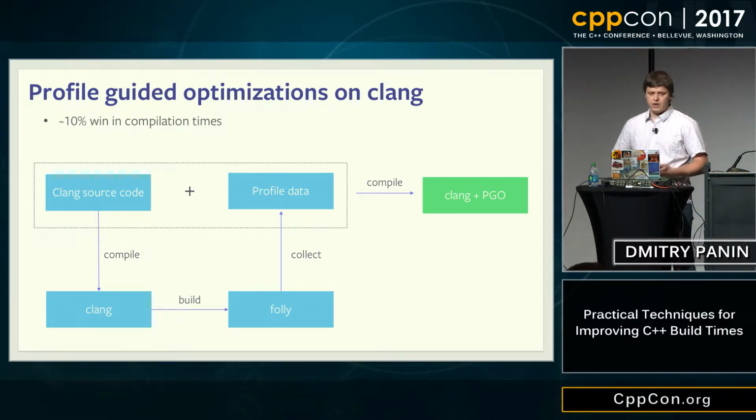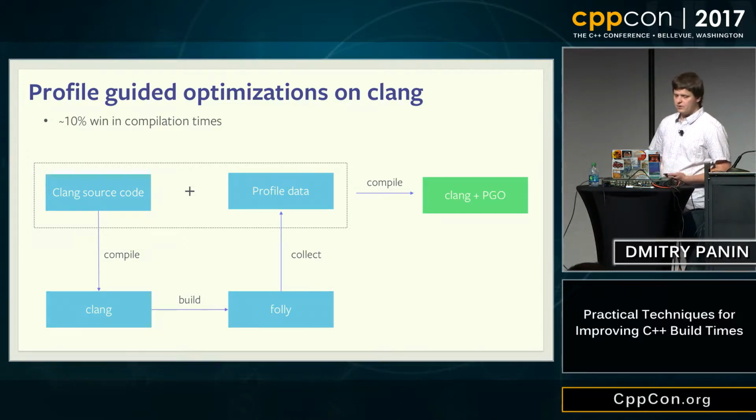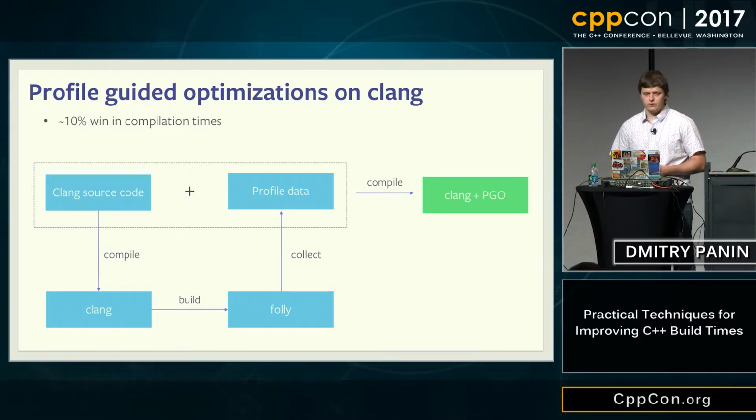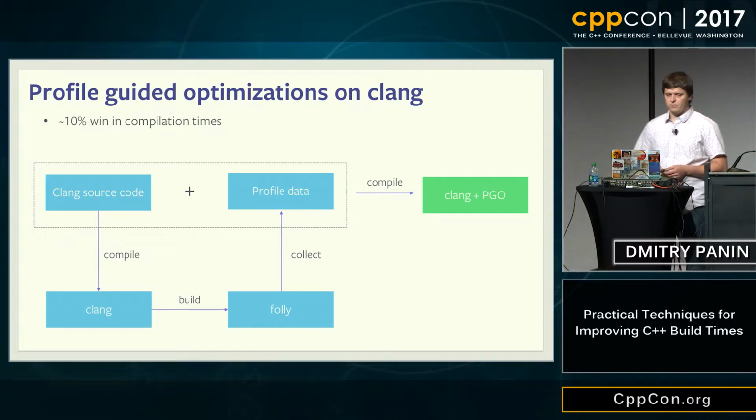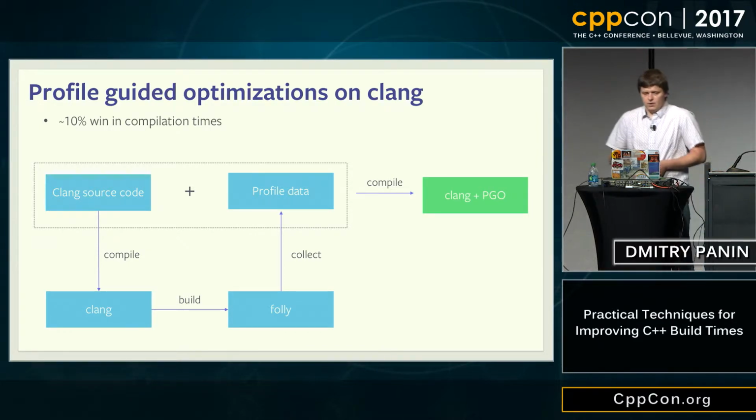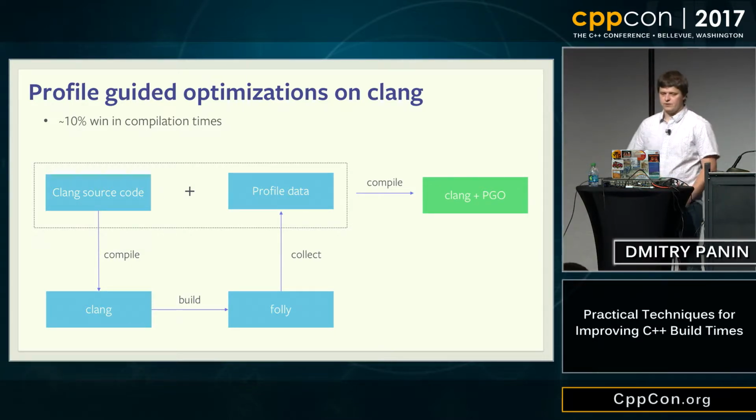We used profile data from Folly, as we think it represents the workflow and the code base quite well. It complicates your update compiler step, but if you automate this, then you will preserve these wins for future updates.